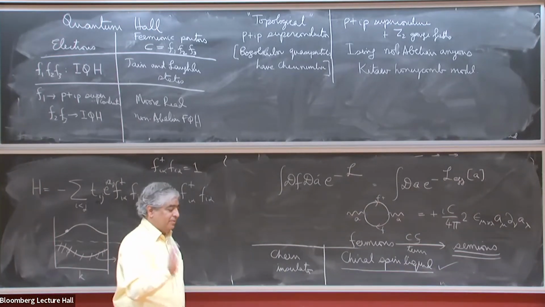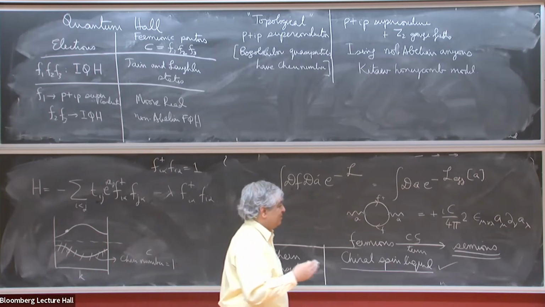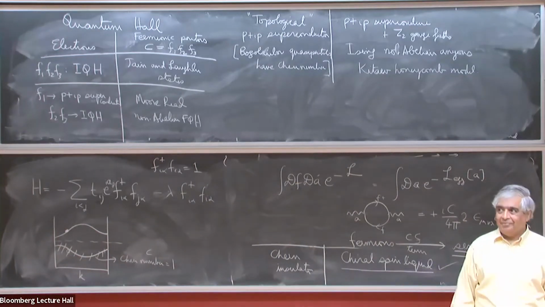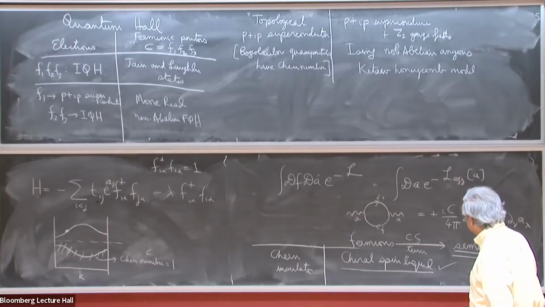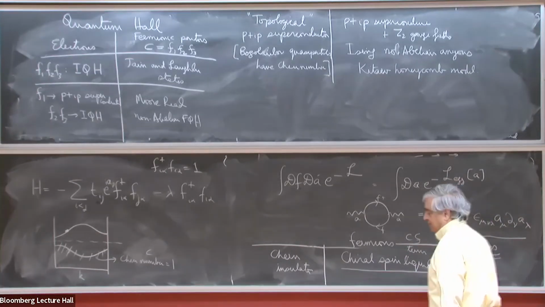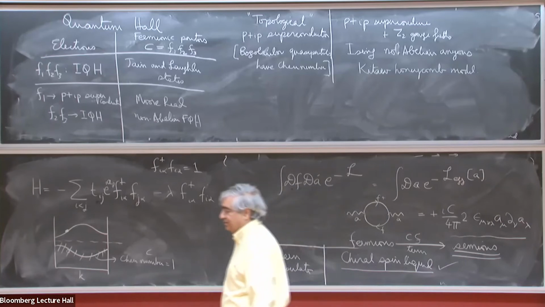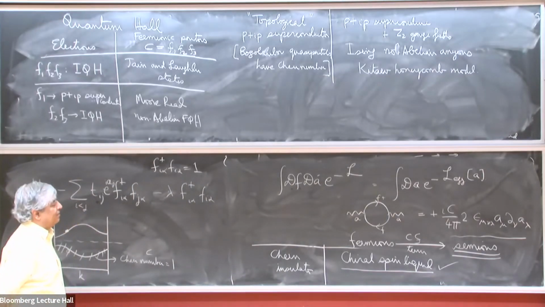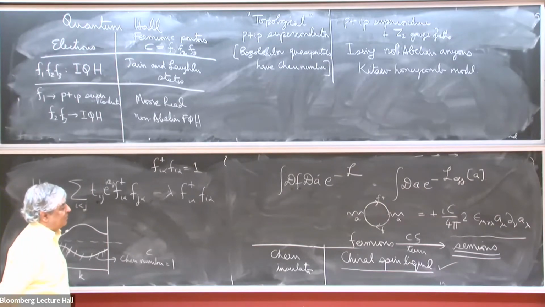It has a two-fold degeneracy on a torus, not four-fold, and so on. But that involves understanding a little bit about the dynamics of the confining theory. Okay, so that's how you get the chiral spin liquid.